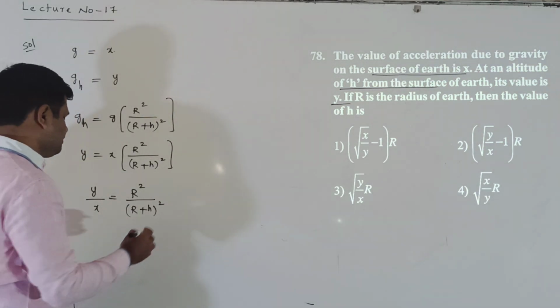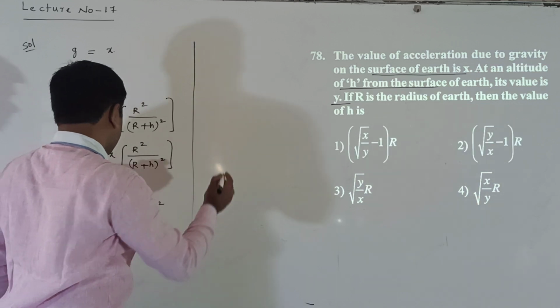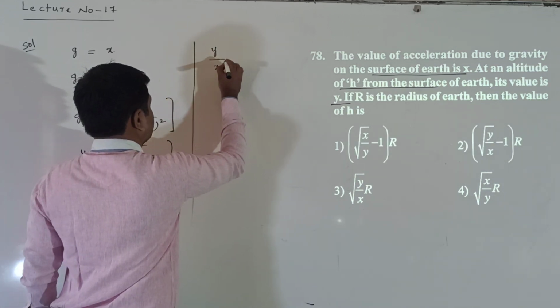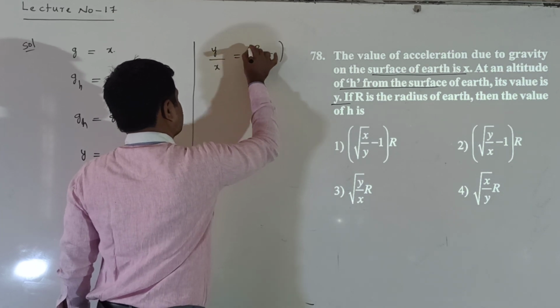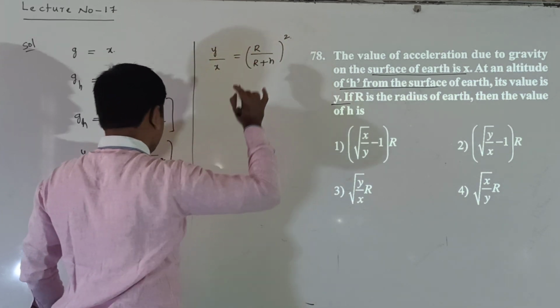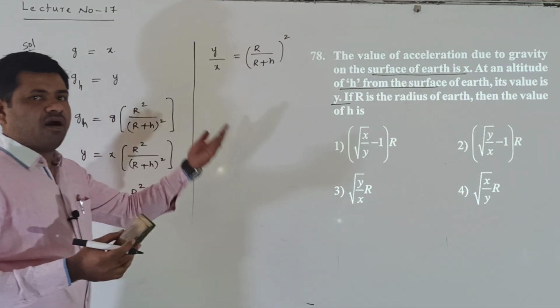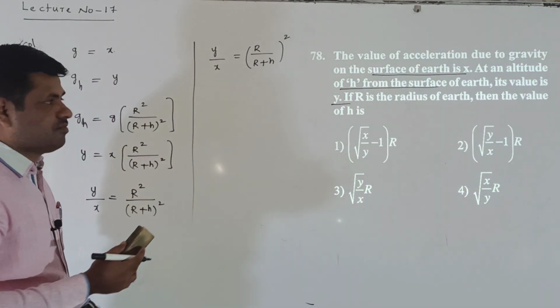Clear it is. Now y by x is equal to R by R plus h whole square, taking it into the same square, or you can first make the reciprocal.